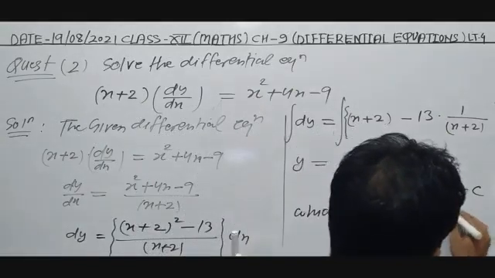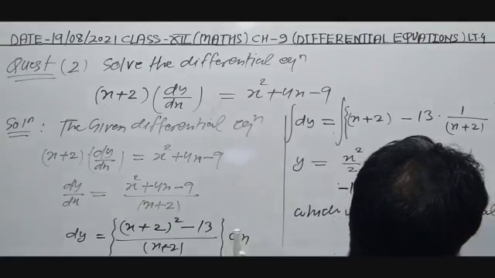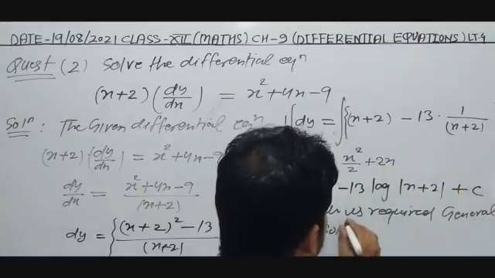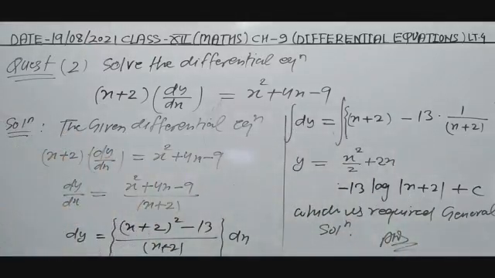Differential equation, general solution. Now this is the answer: x²/2 + 2x − 13 times log of |x + 2| + c. After adding c, you will get a general solution. Now this question is completed.